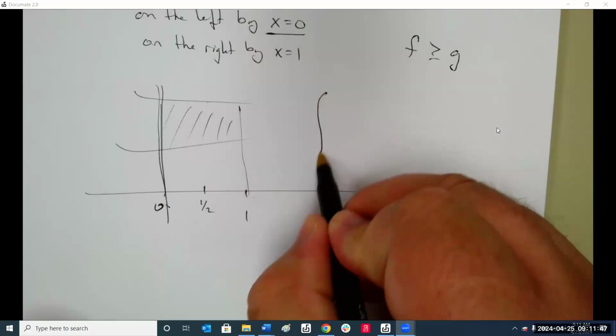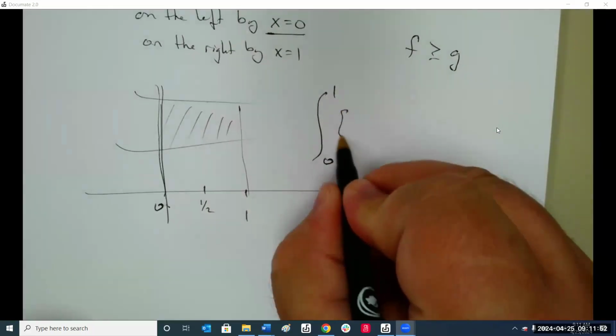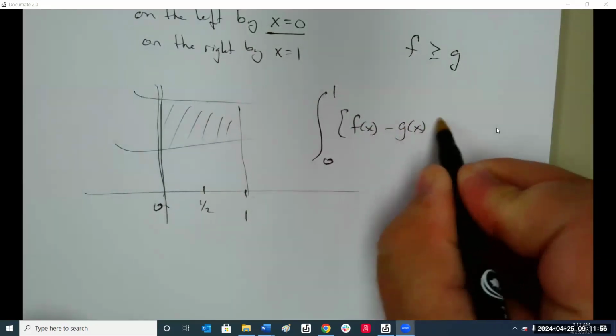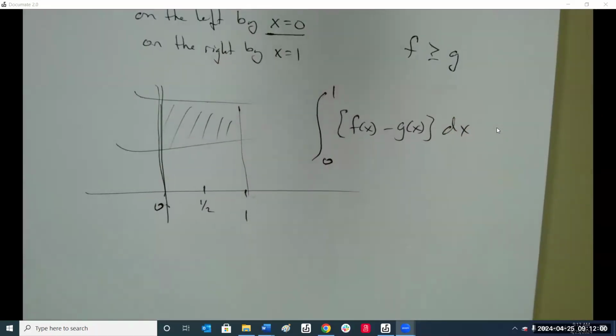So we know our bounds of integration are from 0 to 1. The integral of f of x minus g of x dx, that's what we're looking for.